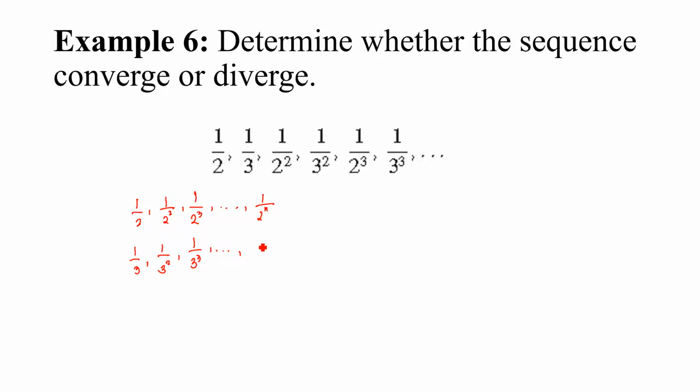And then this one, you could have 1 over 3 raised to n, and so on, and so on. If we are going to get the limit of that, then you have the limit of 1 over 2 raised to n as n approaches positive infinity.